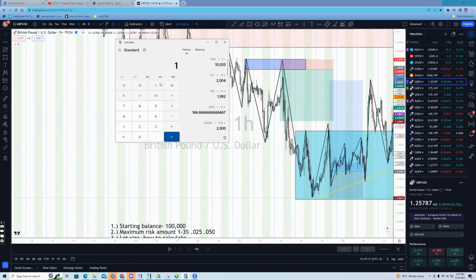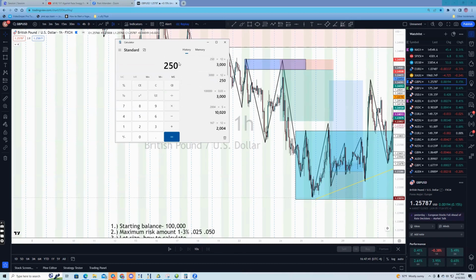Let's do 3%. 100,000 times 0.03. This gives me $3,000. I divided by my stop loss, which is 12 pips. Remember, 12 pips gives me 250. Right? 250 times 12 again, which is 3,000. But let me talk about this 250 because you guys might say, okay, I got 250 out of this.